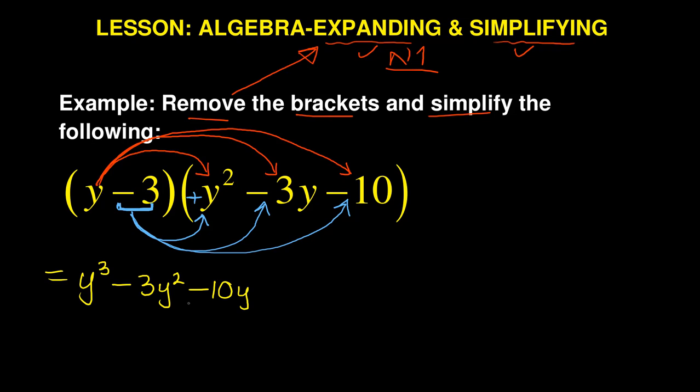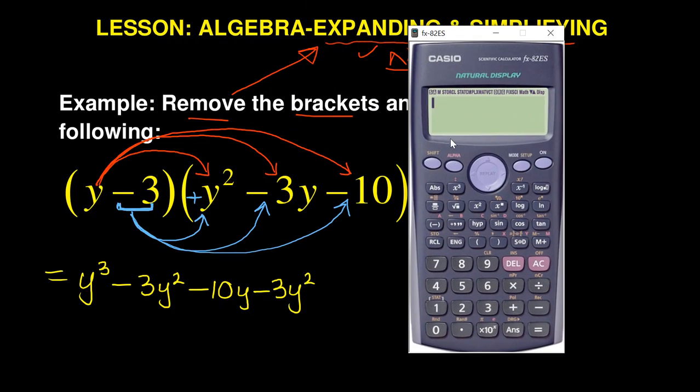So that is the first part. We say that we have distributed the y. Now let's distribute the minus 3. It is minus 3 times y squared. The negative has a power, so it is negative 3y squared. Remember, y was positive in this case. And minus 3 times minus 3y, you can take a calculator, and you can see that minus 3 times minus 3 is a positive 9.